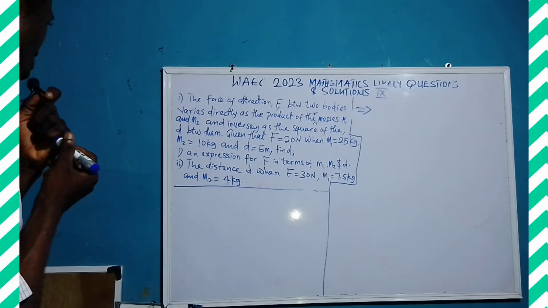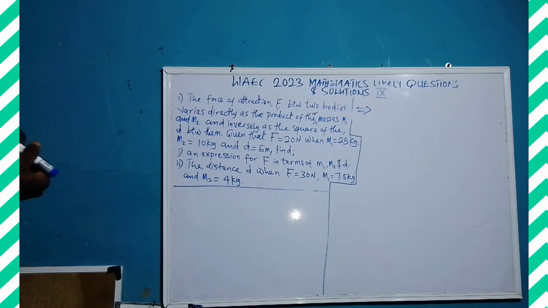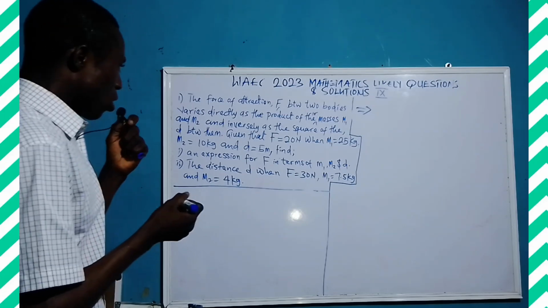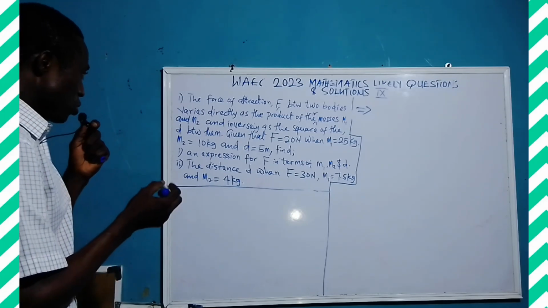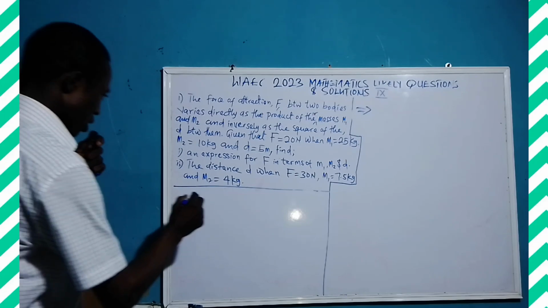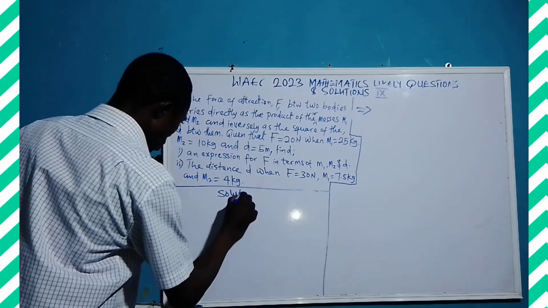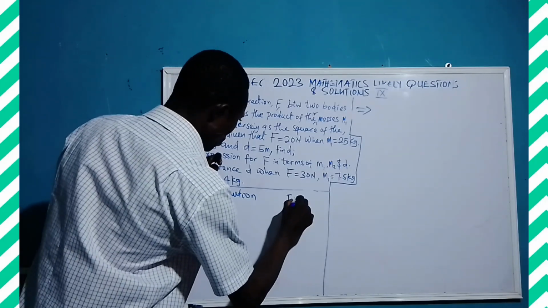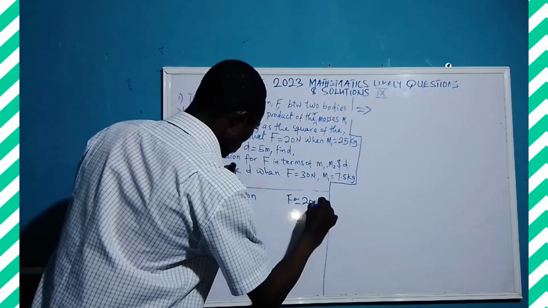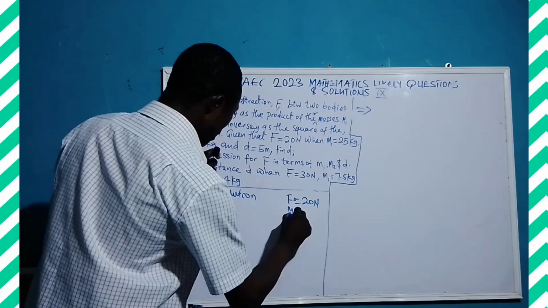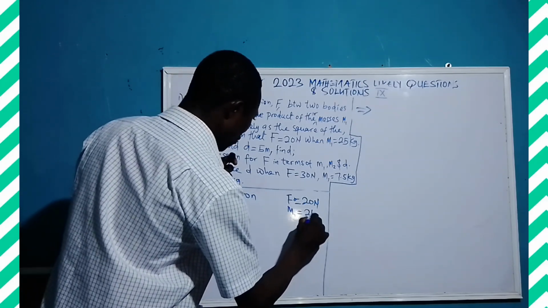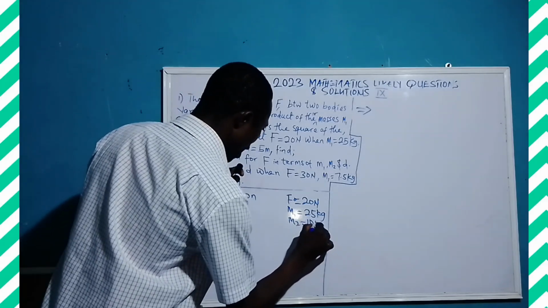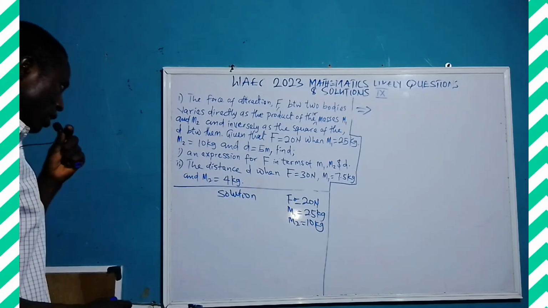Now, to go about solving this question, the first thing you do is to list all the terms that are given to us in the question. Let's have a solution. You have force F equal to 20 Newton, then M1 equal to 25 kilogram, while M2 is equal to 10 kilogram as given in the question.